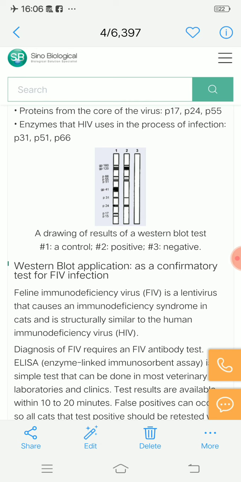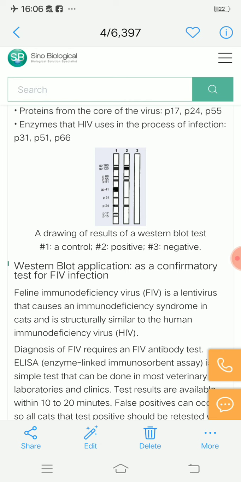Second, you have taken the serum of the patient and you are testing for HIV. You can see the bands can be visualized, so it is a positive patient. In the third case, no primary antibody is bound.